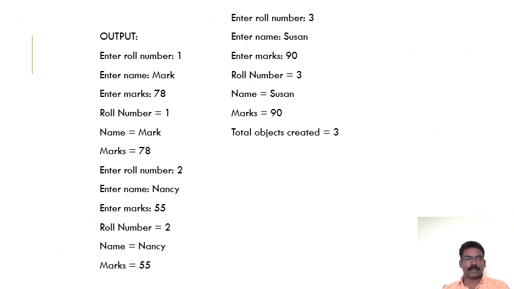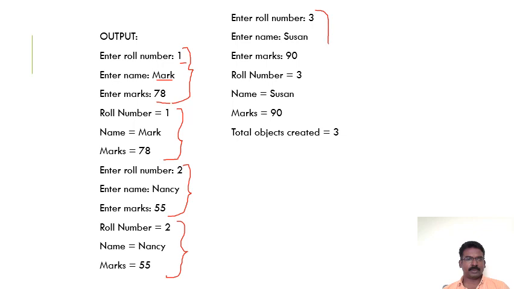For the first object, we enter the marks, and as soon as the marks are received using the get data function, the put data function displays the received data. Similarly, for the second object, the details are received and then displayed.